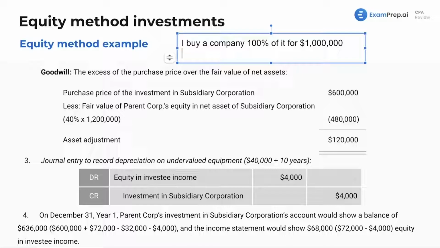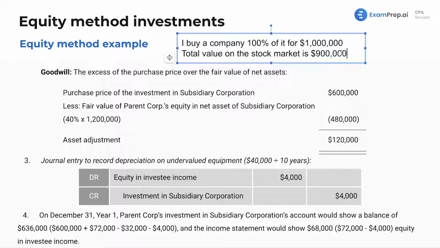Now, what if the total value on the stock market is only $900,000? Well, I overpaid, and there's many reasons why you'd overpay. It's just a bullish sign. But at the end of the day, it is goodwill. You're showing goodwill by overpaying, and you get $100,000 of goodwill on your balance sheet, right? 1 million minus 900,000 is $100,000.